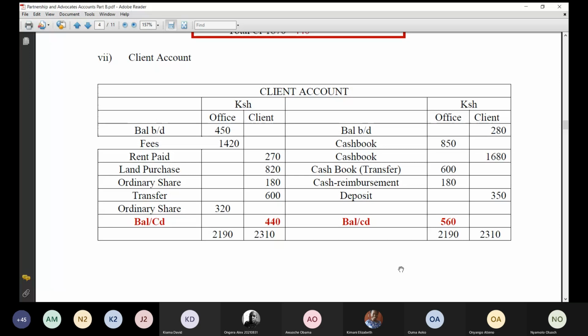That balance carried down in the next financial year, it would be brought down as a credit balance. It means that that is a liability. And that is what we owe our clients. So you will see it as a balance carried down on the debit side, which is correct. It therefore means that we owe our customers 440.